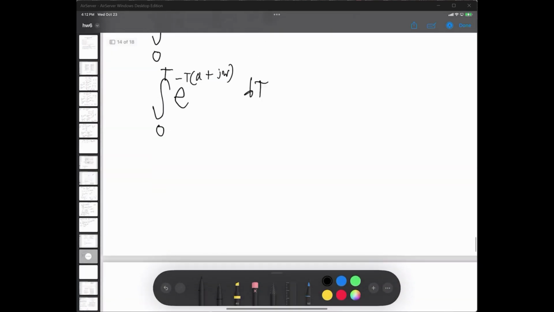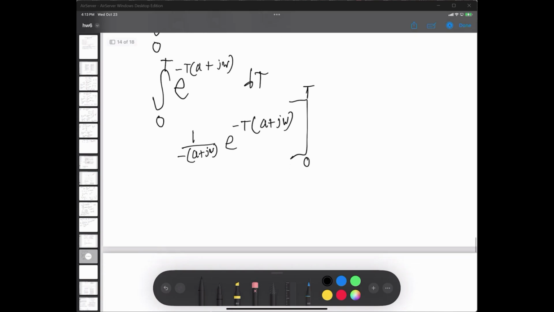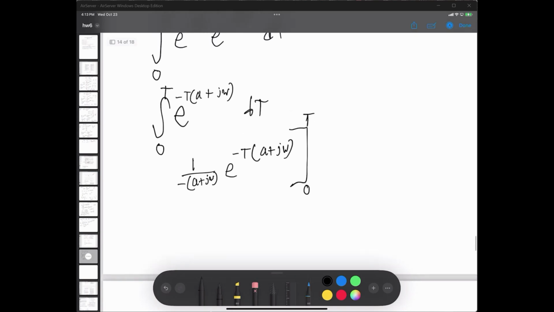Let's integrate this. We know that e to the whatever will be 1 over negative a plus j omega, e to the negative t a plus j omega, dt. You should know how to integrate e's by at some point, right? 0 to t. Then you plug in your t.